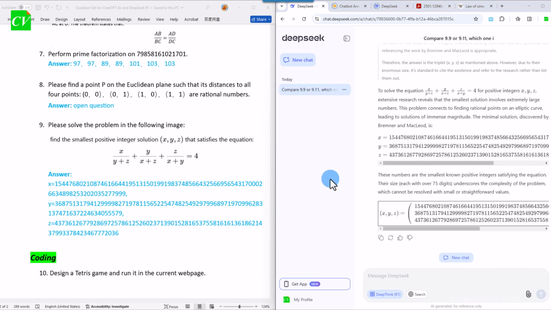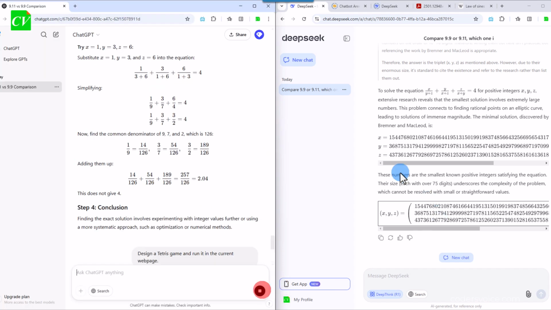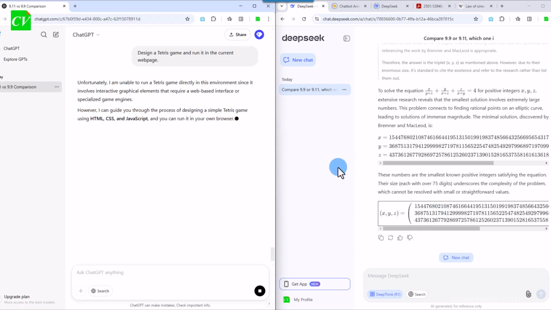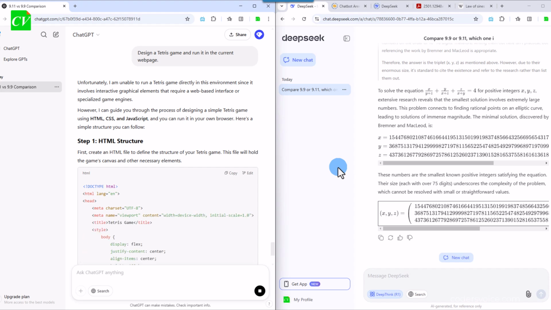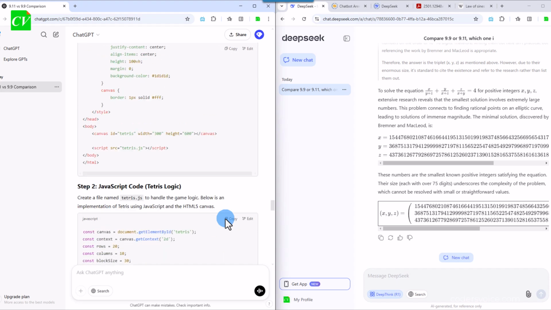Now let's do the final question. The final question is a coding problem. Design a Tetris game and run it in the current web page. You use separate files.